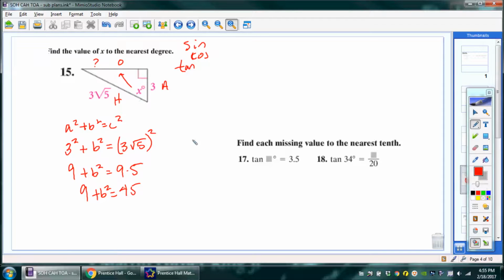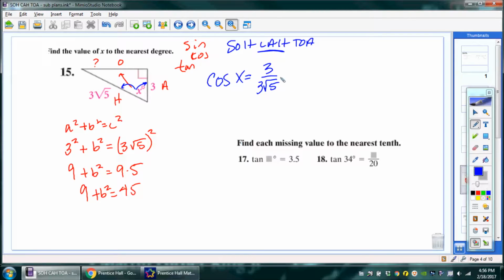I taught you SOHCAHTOA all in one, so you have the ability to use sine or cosine. So you have adjacent and hypotenuse. So you're going to use SOHCAHTOA. So adjacent and hypotenuse is going to be cosine. So you can do cosine of your angle equals 3 over 3 square roots of 5.